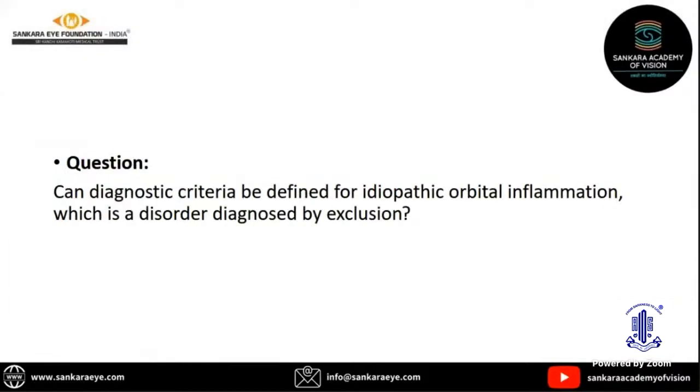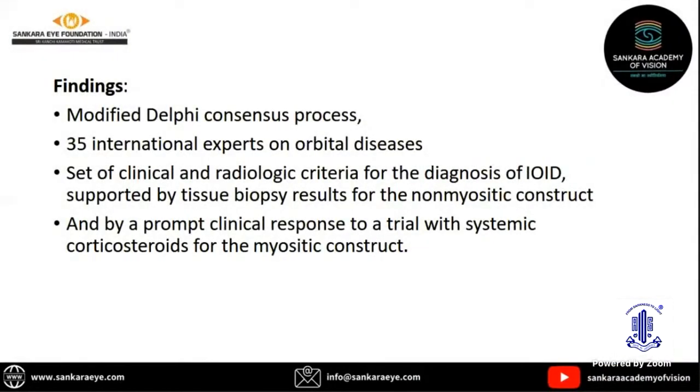They tried to answer one basic question: whether they can frame diagnostic criteria for defining IOID, which is actually a disorder of exclusion. The findings were that they used the modified Delphi consensus with 35 international experts across the world, mostly from the USA and Europe, and a few representatives from Southeast Asia.